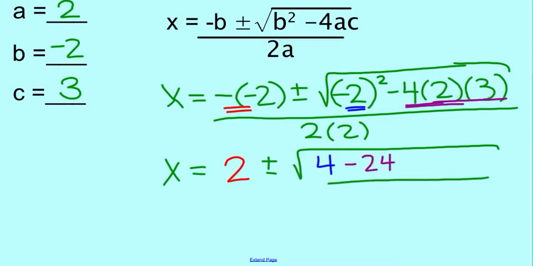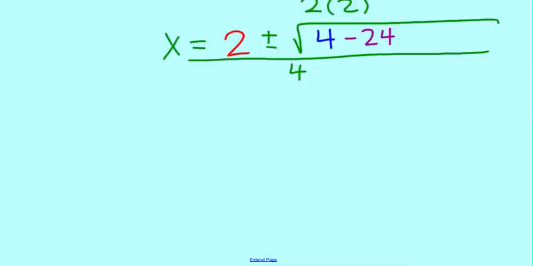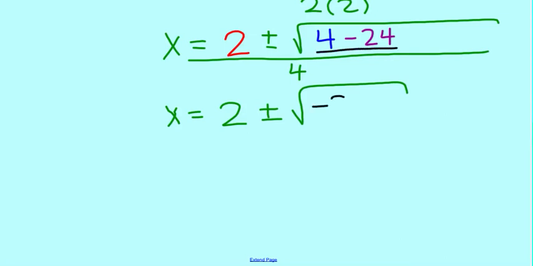All over 2 times 2, which is 4. Continue simplifying. Underneath the radical, which remember is your discriminant. So 4 minus 24 is negative 20 all over 4.